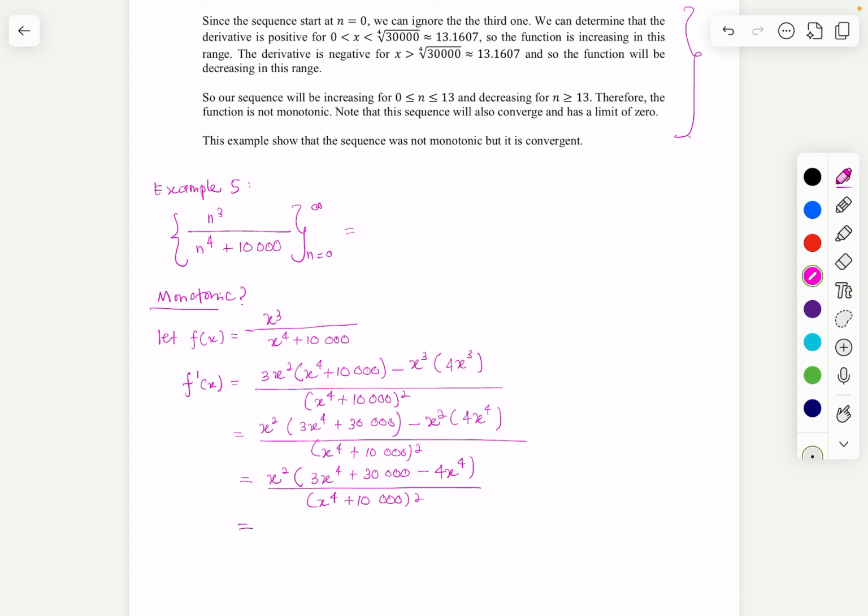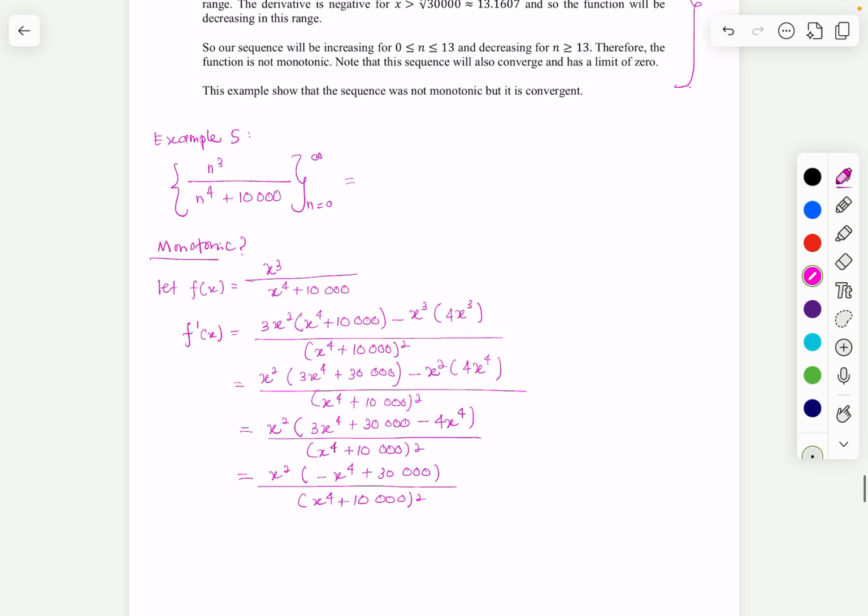You can simplify 3x to the power 4 minus 4x to the power 4, and you get negative x to the power 4 plus 30,000, divided by x to the power 4 plus 10,000 squared. Just to rewrite it back, I don't want the x to the power 4 to have a minus, so I put the minus outside, so it becomes minus x squared times x to the power 4 minus 30,000.